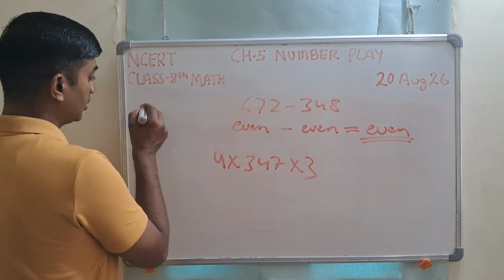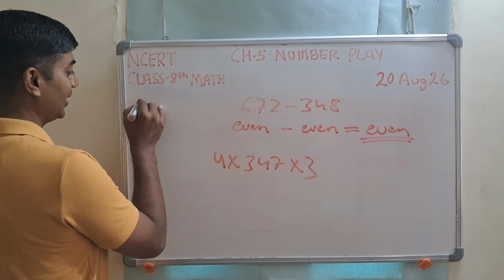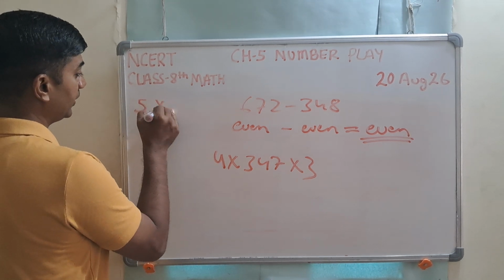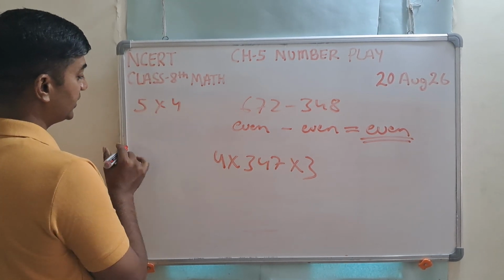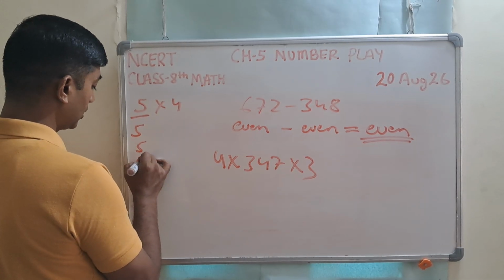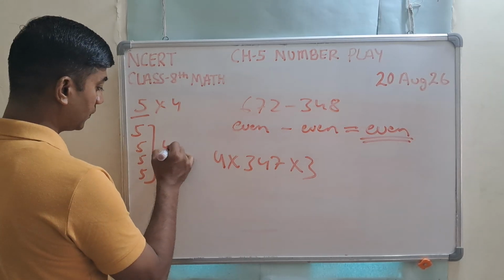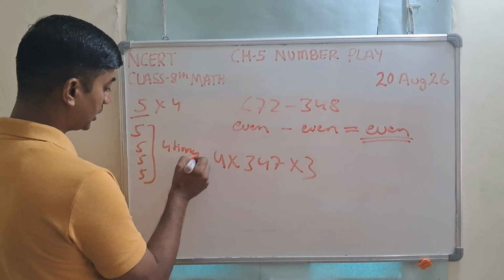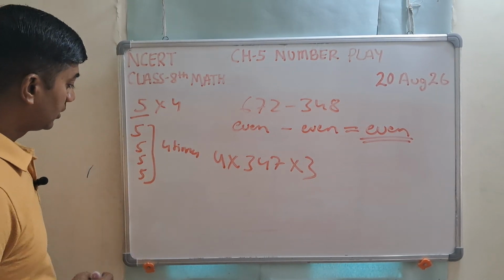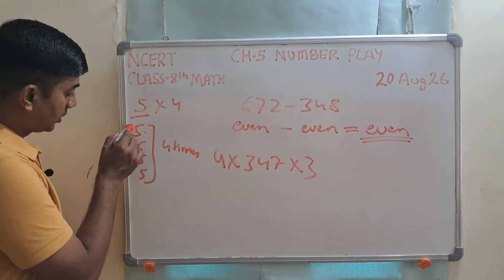What does 5 into 4 mean? It means that we are adding 5, 4 times. We are adding 5 how many times? 4 times. Understood? Means we are adding 5, 4 times, and 5 is an odd number.